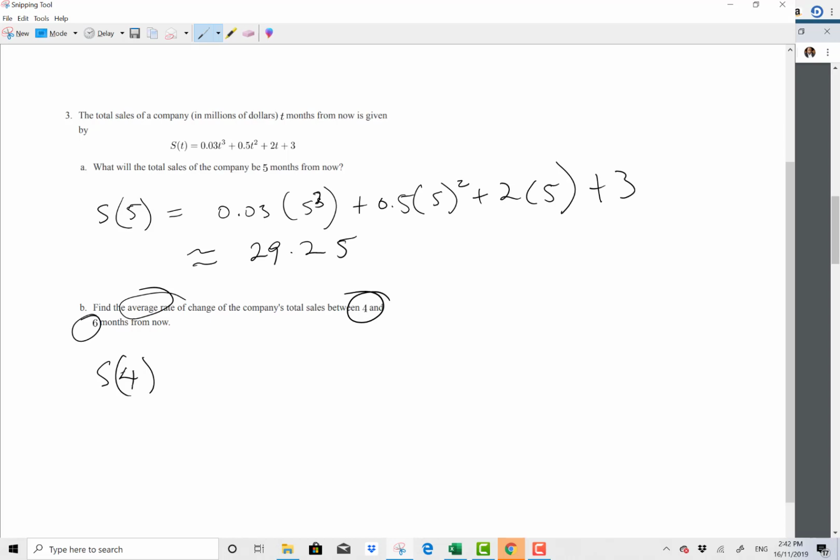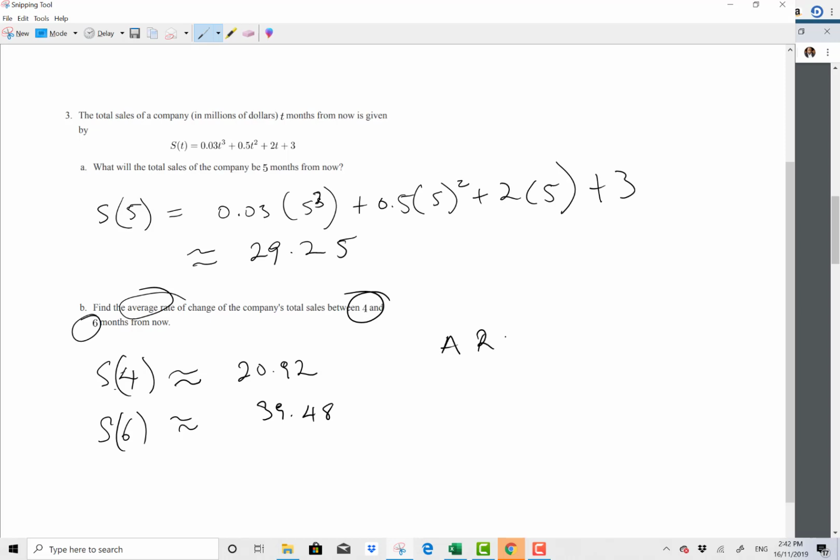So S(4), if I plug in 4 in the original equation, is going to be approximately 20.92. And if I do S(6), it's going to be approximately 39.48.